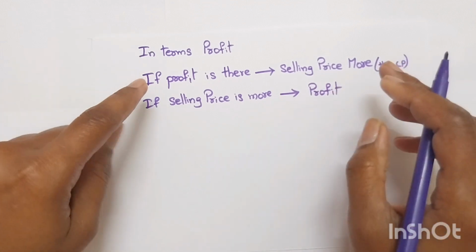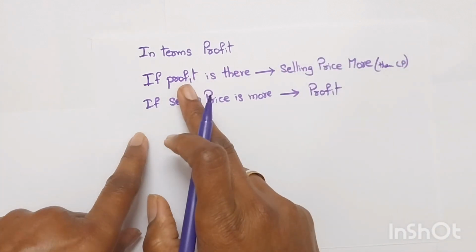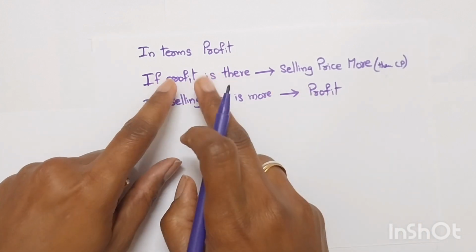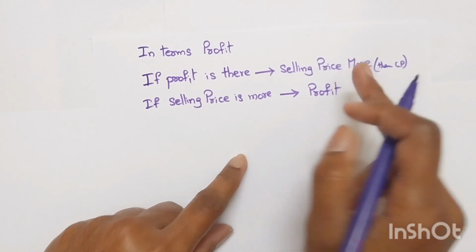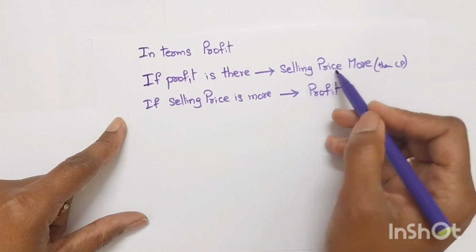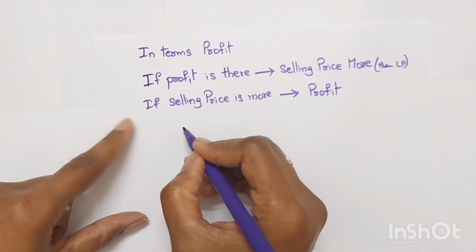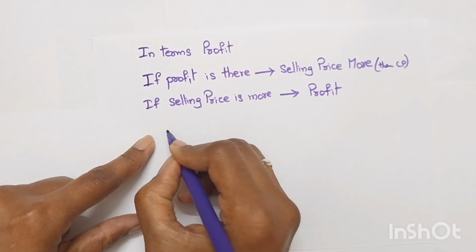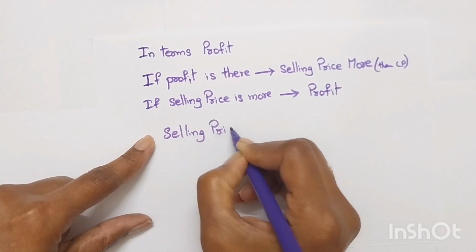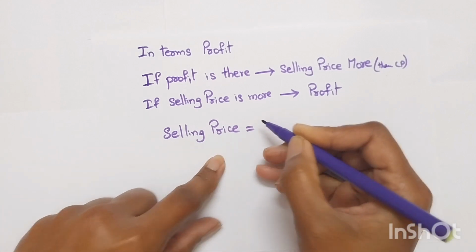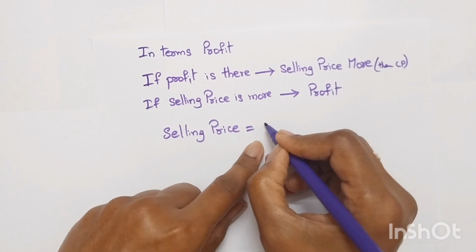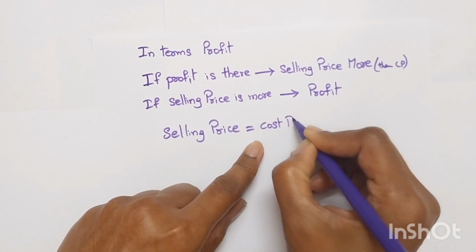So if selling price is more, it means profit, and if profit is there, selling price is more. In all these three sentences, which is the greater value? Selling price. So we need to keep in mind that the greater value, the selling price, will be the addition of the remaining two. Here the remaining two are cost price plus profit.